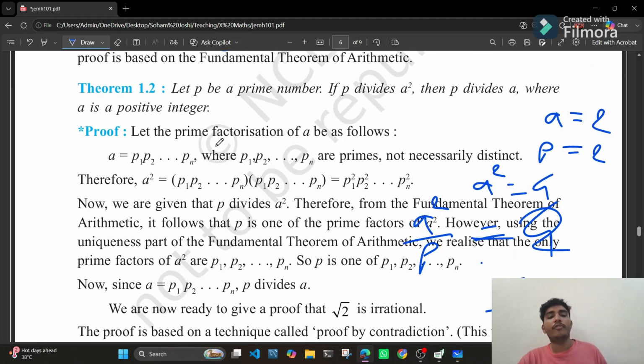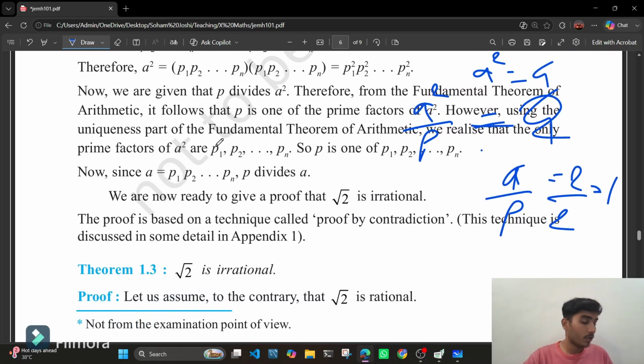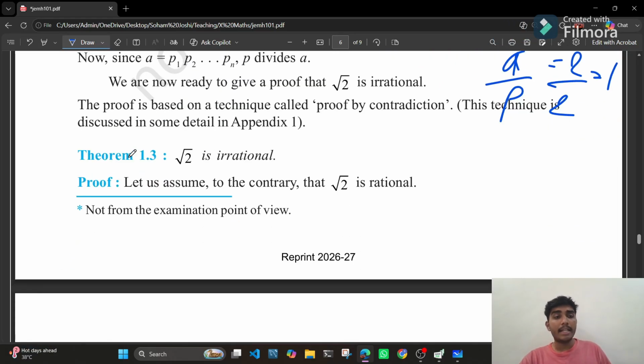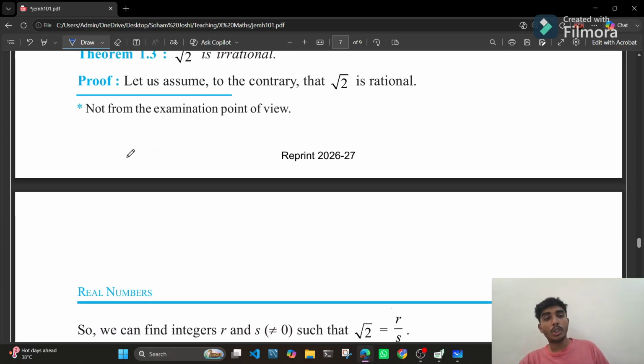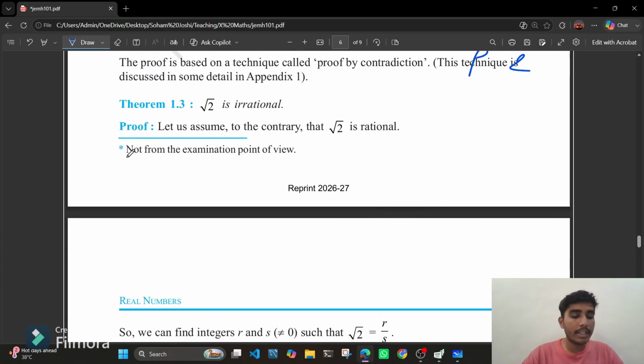You may refer to the textbook for its proof, and I assume that your school teacher has also explained this proof to you. Next up, we have Theorem 1.3, that is root 2 is irrational. To prove this, I'll suggest you read it from your textbook. You'll definitely get it.